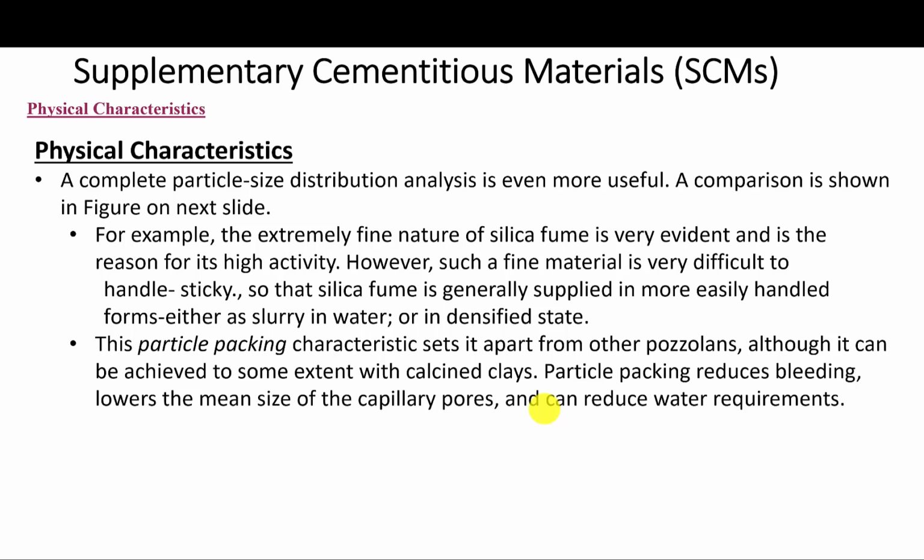such as either slurry in water or, more commonly, in a densified state. So in this case, the material is mechanically agglomerated, and these agglomerates should be redispersed in the concrete mixture in order to be useful. If nearly complete dispersion is not achieved, much of the benefits of adding silica fume will be lost.